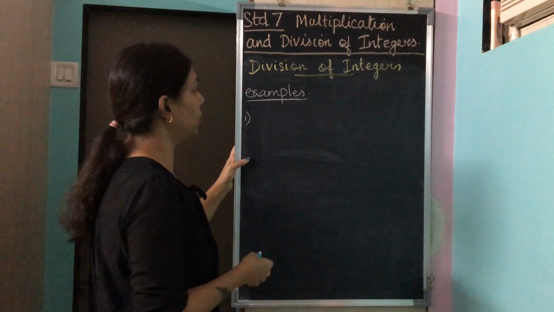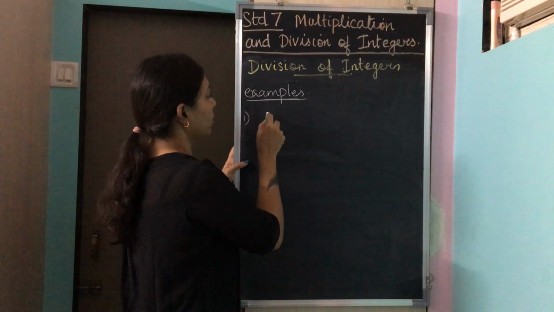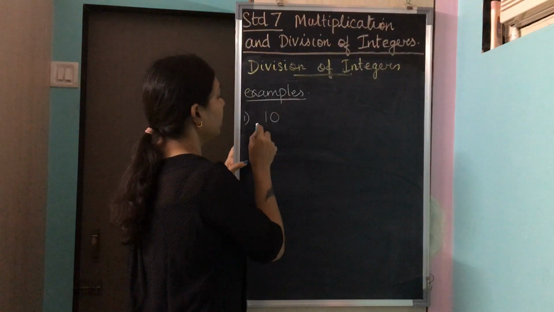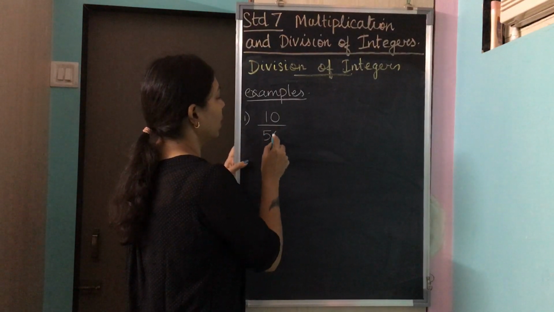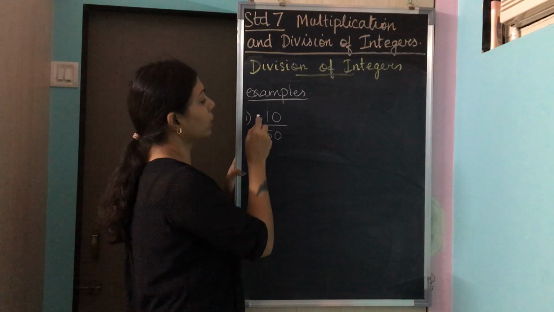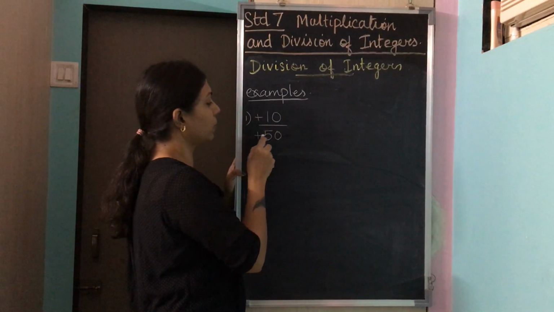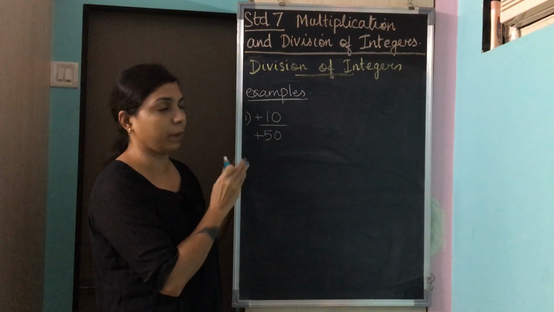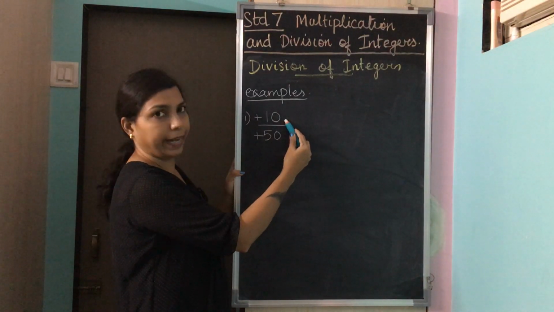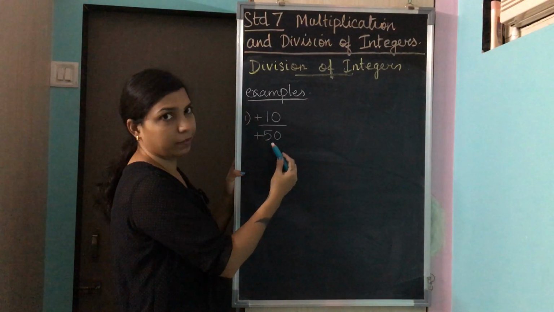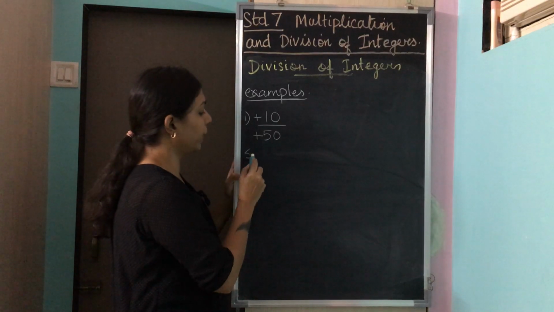Let us look at the first sum. Suppose I am taking 10 upon 50. Now this is a positive number and this is also a positive number. So my sum is plus 10 divided by plus 50. So how will I do it?